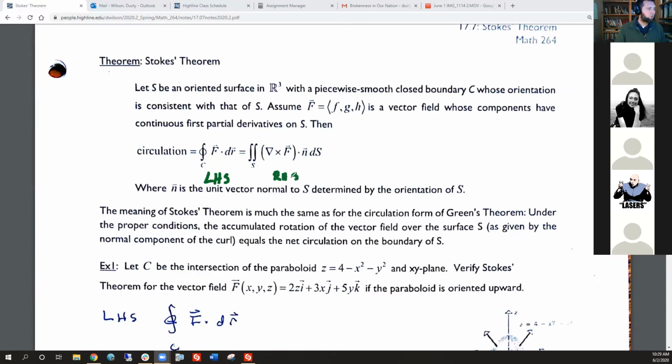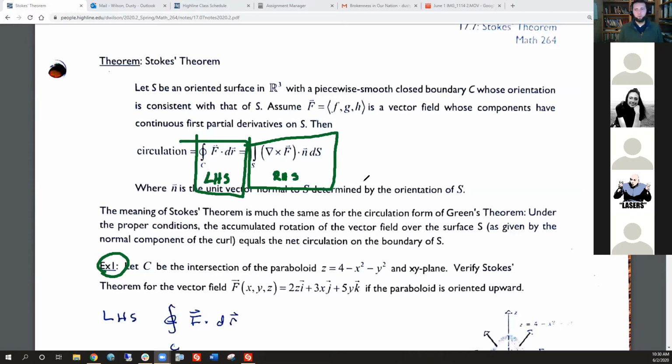And so what we're going to do is work through this example one below, and find the circulation using the left-hand side formula. And then we're going to work through the exact same thing, but now using the right-hand side formula. And we hope that at the end of the day, we find the same number at the other end, right?